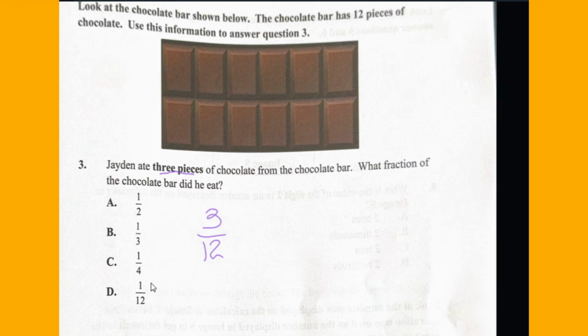Are we seeing 3 12s? No, we're not seeing 3 12s. So it means that we're going to have to reduce this fraction to its lowest form to find the final answer. Now, how do we reduce a fraction again? We see what can be used to divide the numerator that can also be used to divide the denominator.